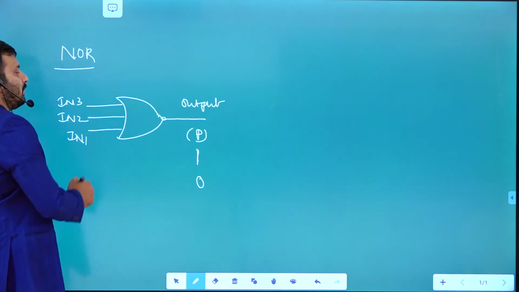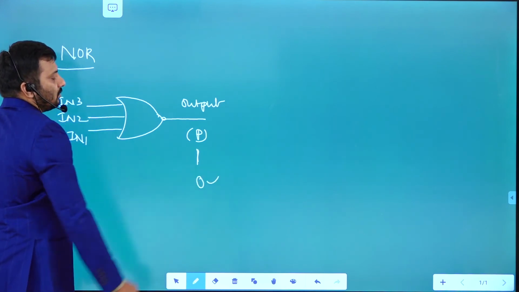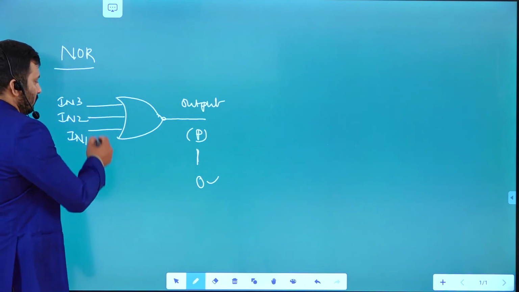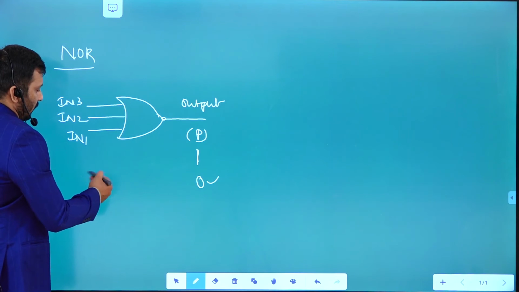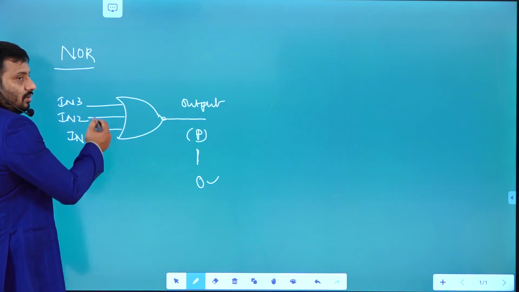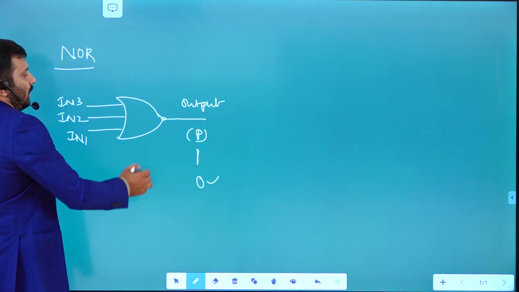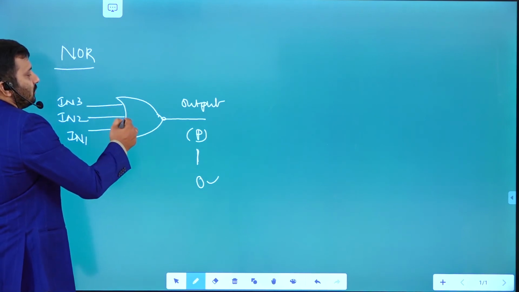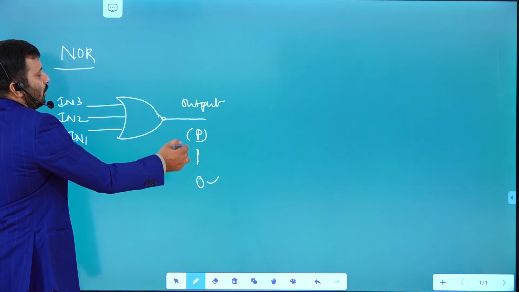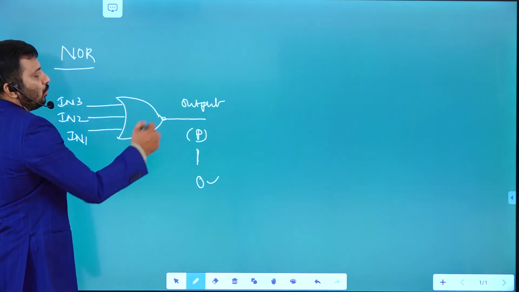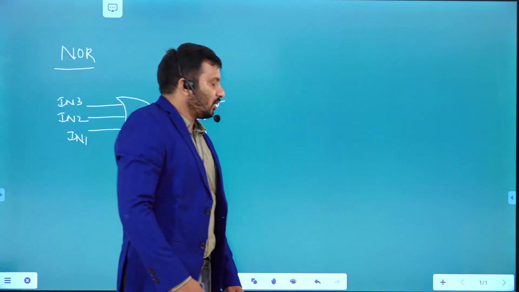If all inputs are zeros, then the output is going to become 1 for the NOR gate.